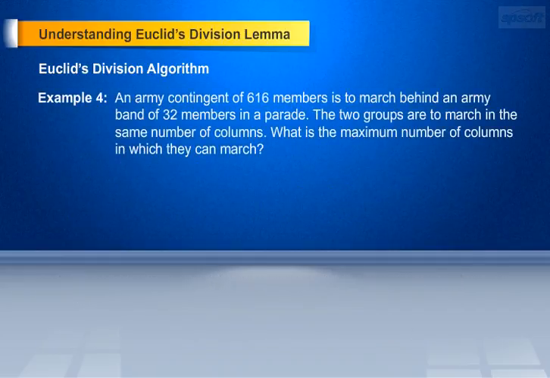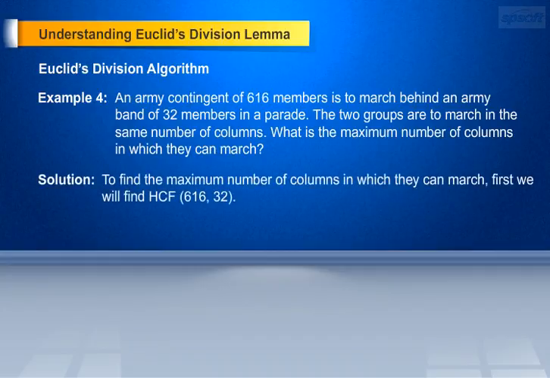Example 4. An army contingent of 616 members is to march behind an army band of 32 members in a parade. The two groups are to march in the same number of columns. What is the maximum number of columns in which they can march? Solution.